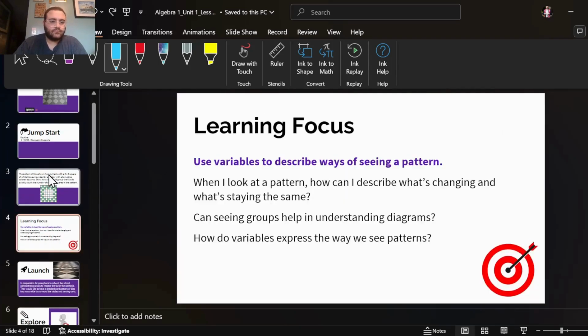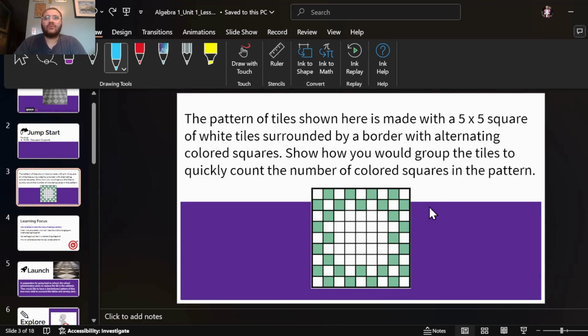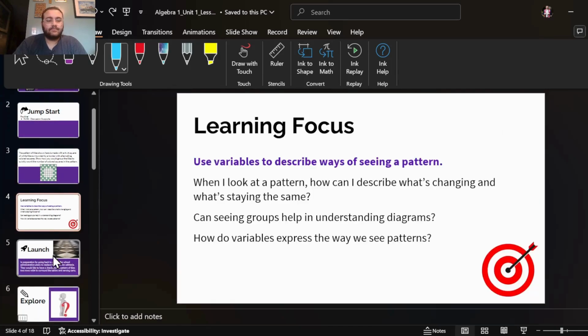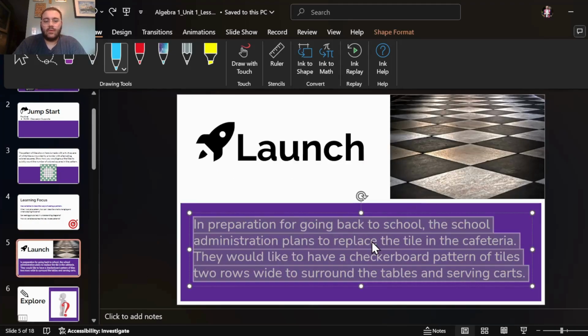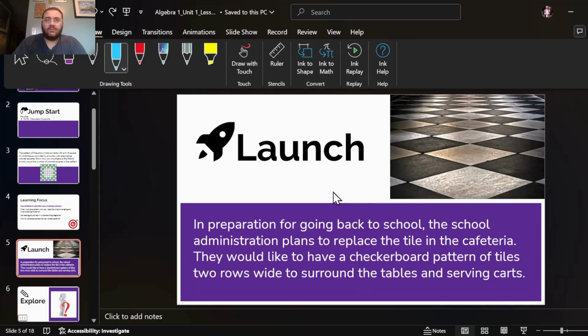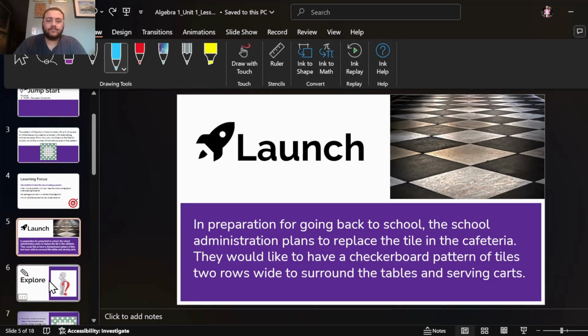The goal, though, is for students to find their pattern that they like and to hold on to it for the entire lesson. This is going to help them generalize the pattern. If you're a student, when I say generalize the pattern, I mean this is going to help students be able to come up with an equation for their pattern.